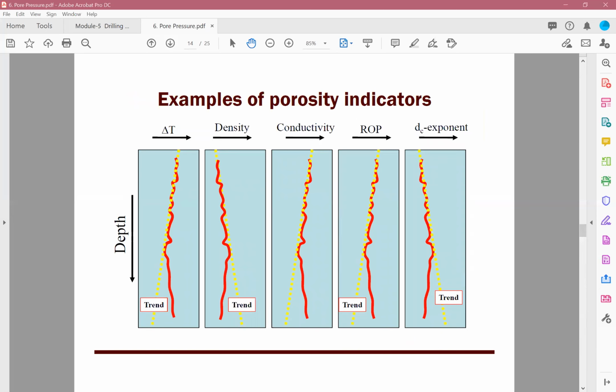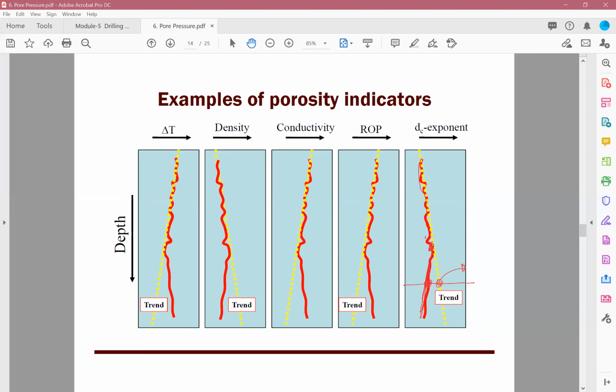This is a normally pressured formation, and if you plot the exponent versus depth, you will see a normal trend up to some specific point, and once you enter the abnormally pressured formation, the trend changes.